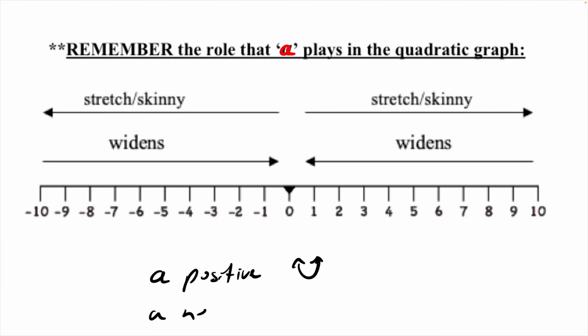If A is negative, it's going to be arrows down. That's the first job it does. The second is wide and skinny. Stretch, skinny, wide, whatever you want to call it.